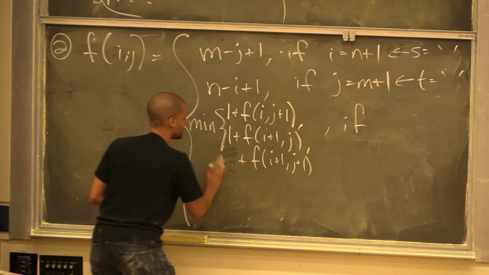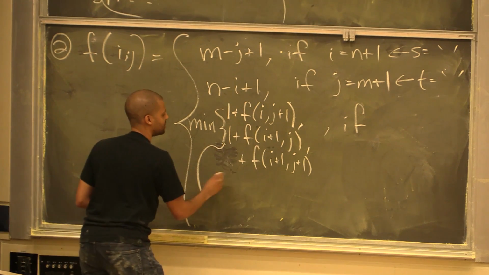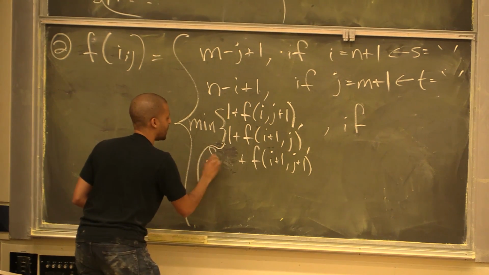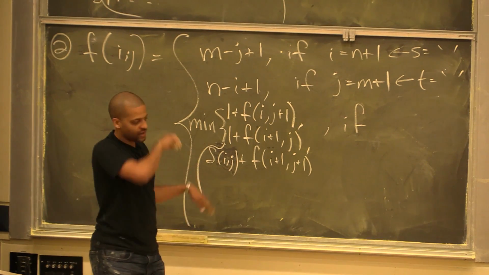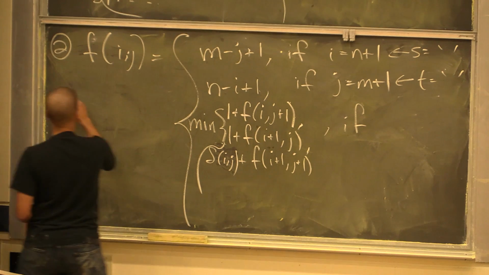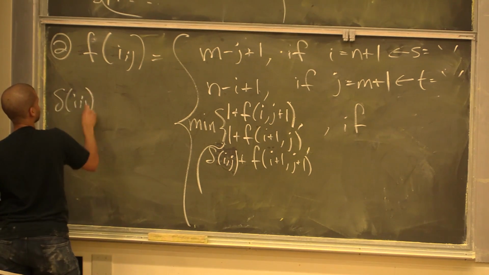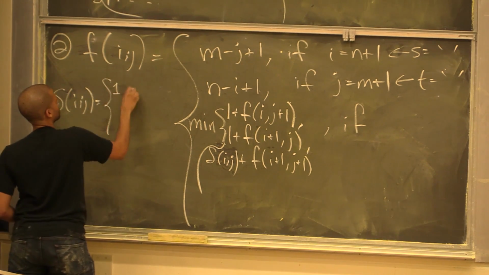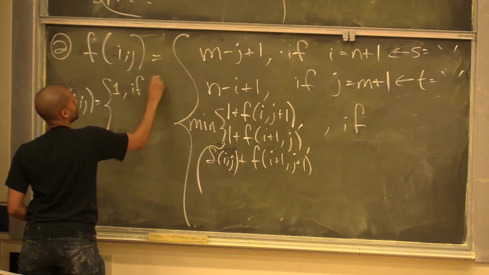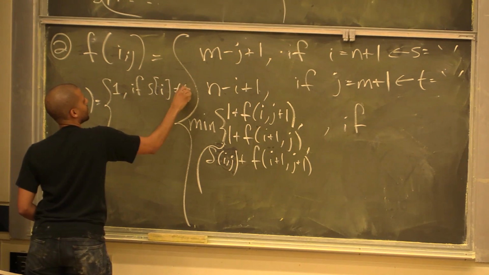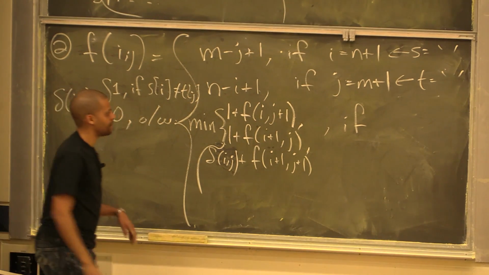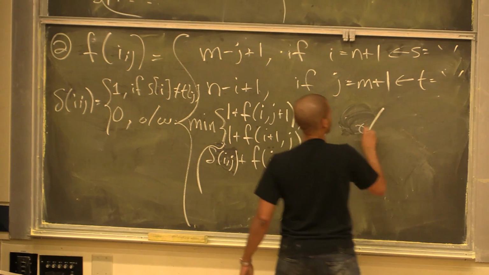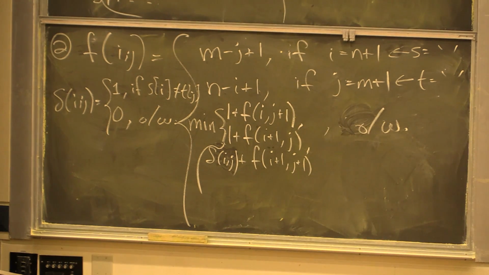So let's just call this delta ij. Delta ij means it's 1 if S i is not equal to T j, otherwise it's 0 if they're equal. So that's 2 base cases and the recursive step. Questions?